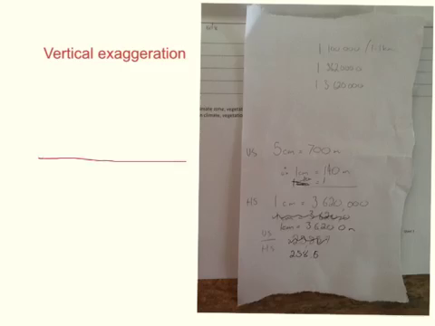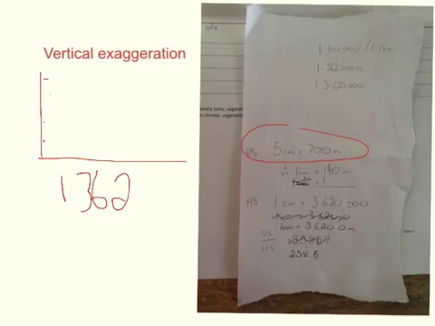So the horizontal scale was still our 1 to 36.2, but my vertical scale, I was in hundreds. Now, it wasn't quite 1 centimetre equals 100, just because of what we've printed out. In fact, what it was 5 centimetres equals 700, and 1 centimetre equaling 140.